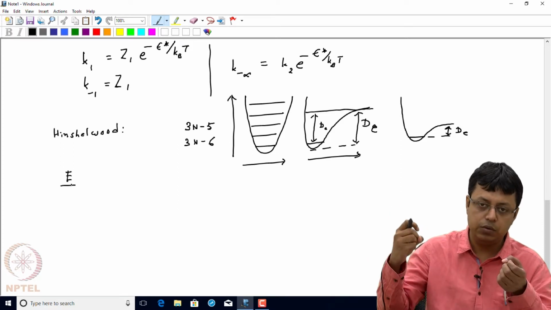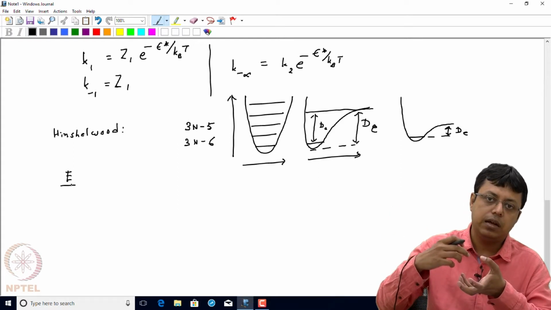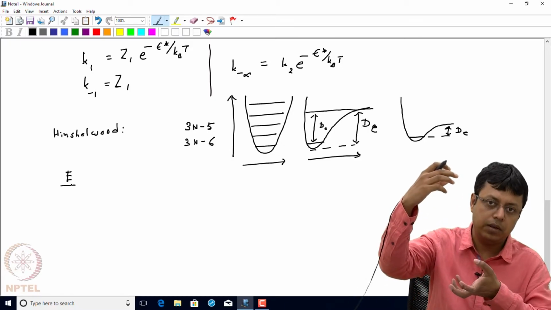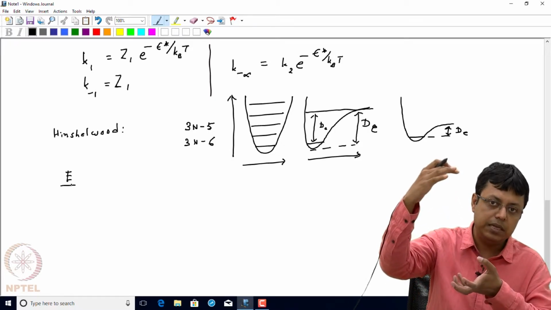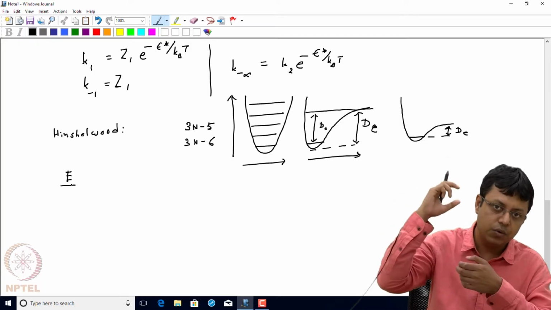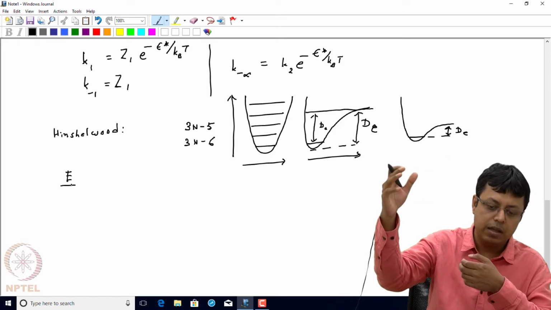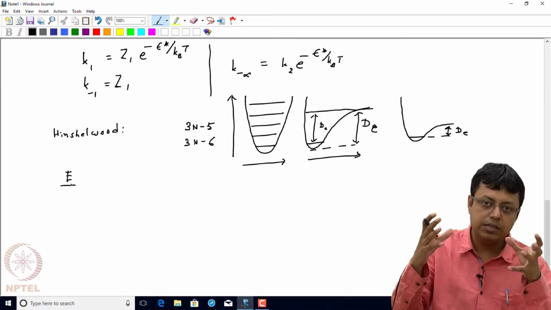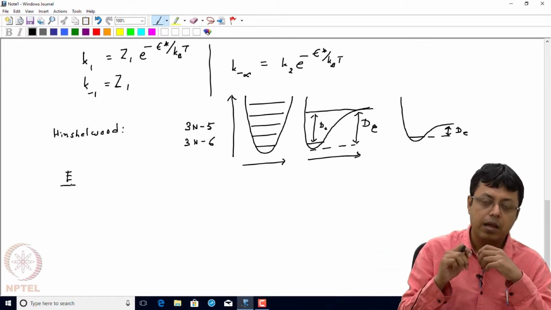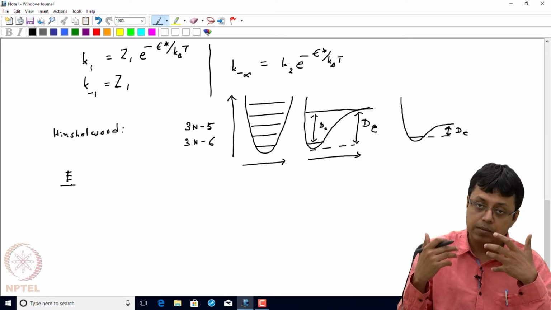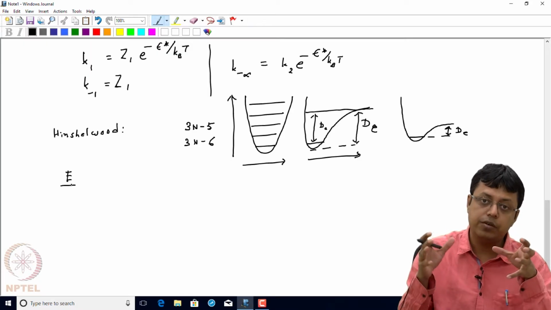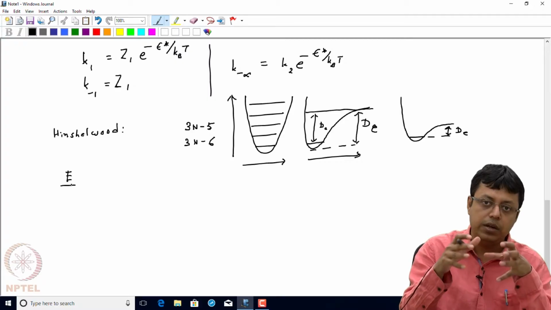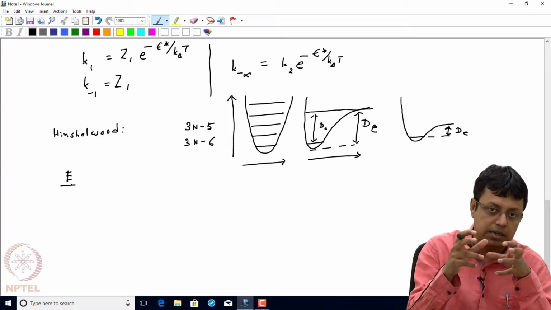Because when, due to collision, I am activating a molecule A star, the activation means that all the energy doesn't go into its translational degree of freedom, because if it does, nothing will happen, the energized molecule will only move at a faster speed. But in order for this A star molecule to break, this energy should be transferred or channeled to its vibrational or internal degrees of freedom.